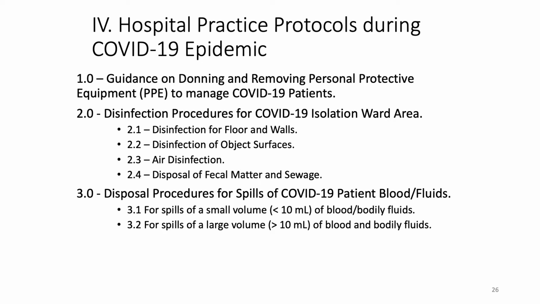Then there's 3.0 disposal procedures for spills of COVID-19 patient fluid stroke bloods, which is divided into 3.1 for spills of a small volume less than 10 millilitres of blood stroke bodily fluids, and 3.2 for spills of a large volume greater than 10 millilitres of blood and bodily fluids.